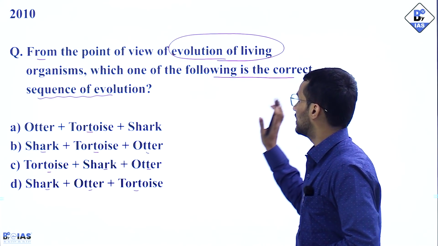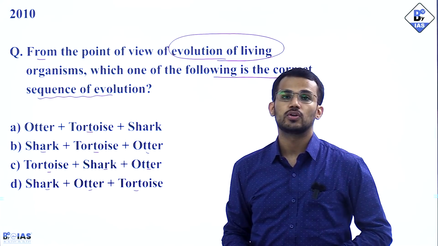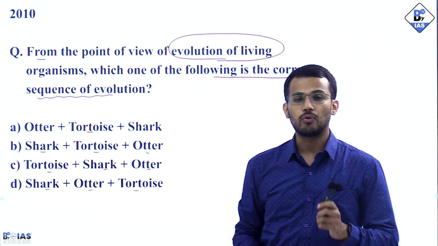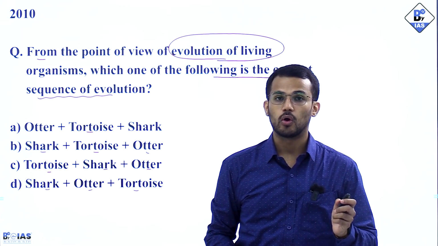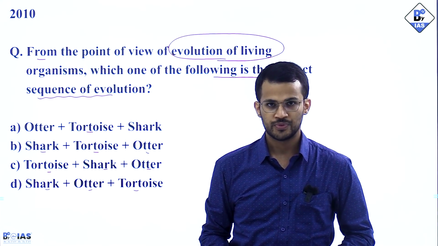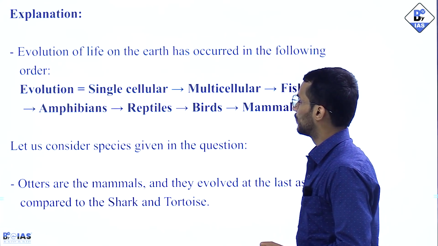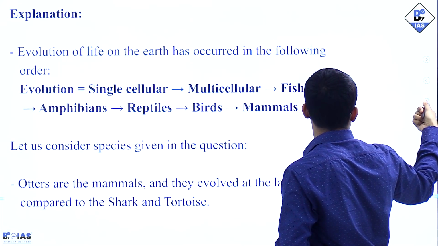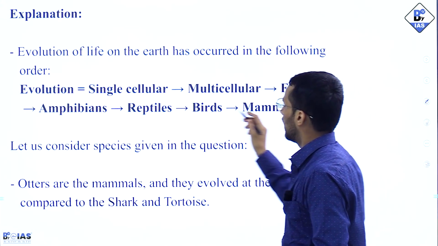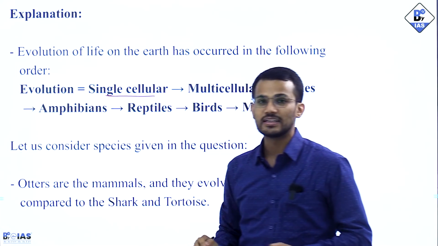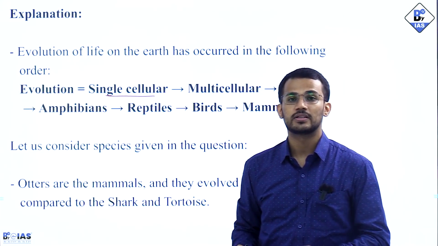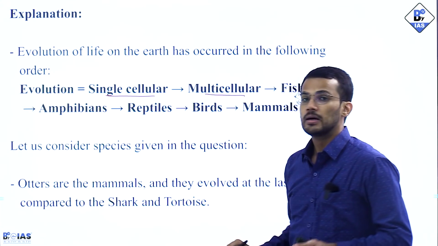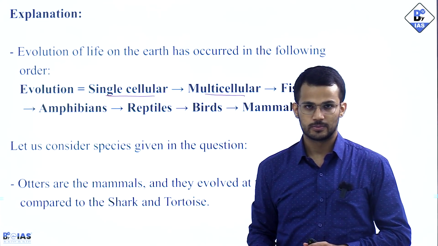This question is about the evolution of living beings. The evolution of living beings has followed a certain order. Firstly, single cellular living organisms evolved, followed by the evolution of multicellular organisms, right?